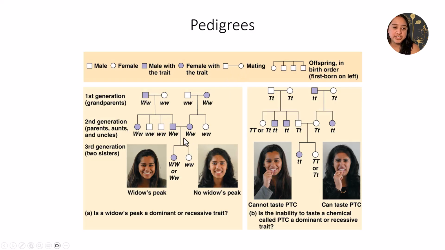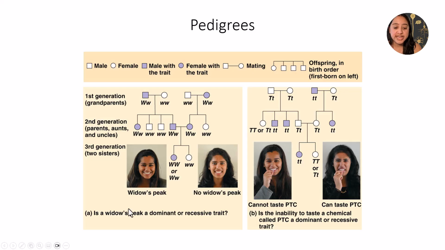And then branches that come down are offspring. So this couple had these offspring, and then if we track each half of that family to see how that gets passed on, we see some family members have the widow's peak and some don't. And so in this example, a widow's peak is a dominant trait.